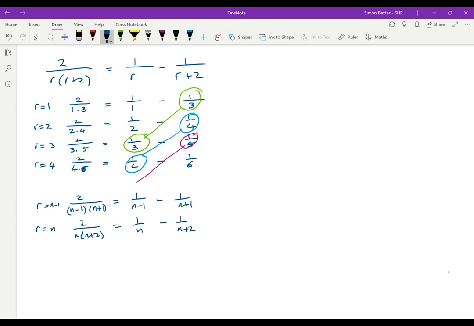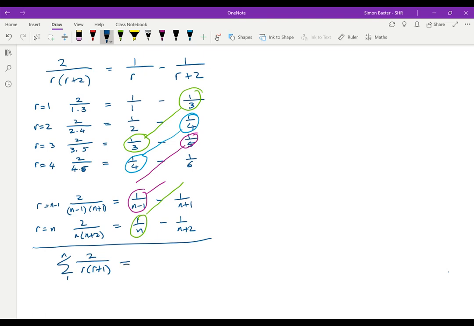Now, what will have disappeared? The 1 over n will have disappeared with something up there. The 1 over n minus 1 will have gone as well. The 1 over 6 will have gone. And so when we come to add this up, adding up the left-hand side gives me what I'm looking for, nearly, sigma 2 over r times r plus 2, from 1 to n.